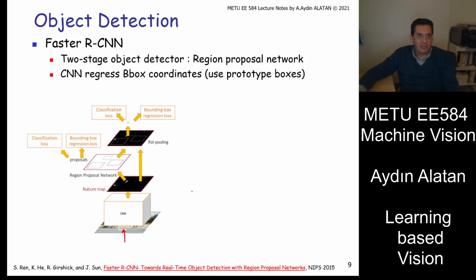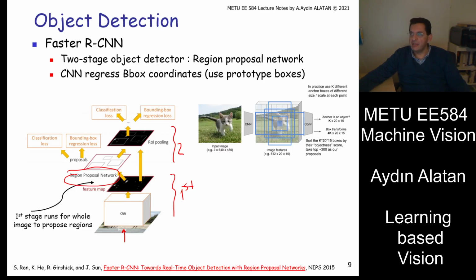We are just trying to obtain some proposals, and those proposals will go to a second stage. This is the first stage, these are the region proposals, and this is the second stage. After having those region proposals around the image for some particular objects, we will try to find a particular object at the output at the end of the second stage.